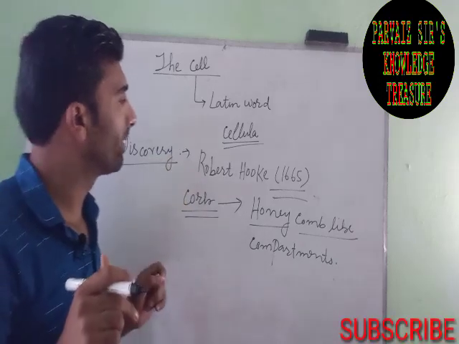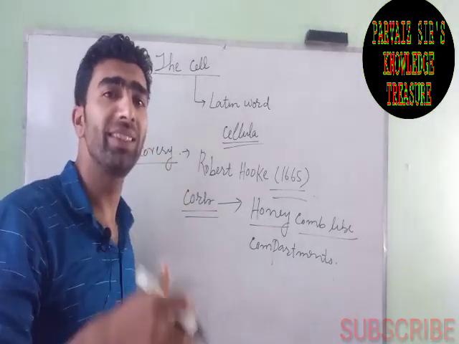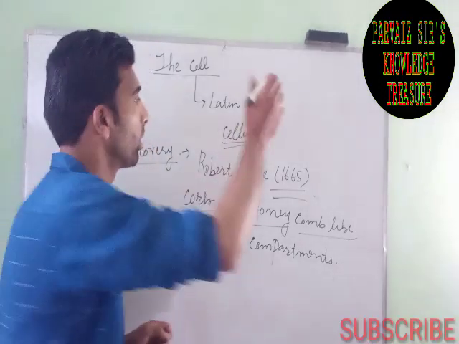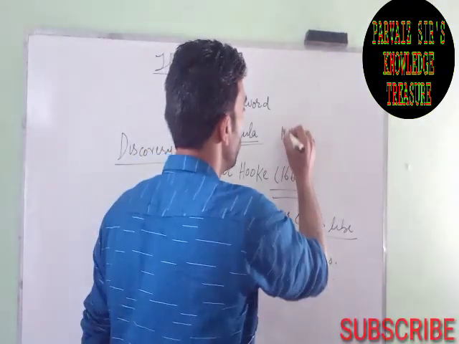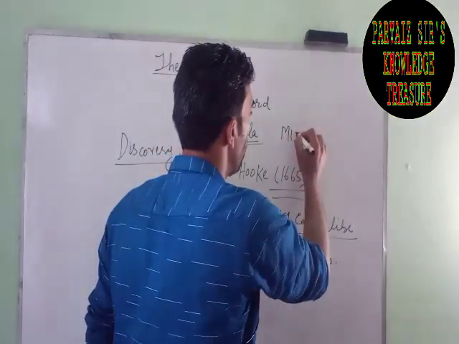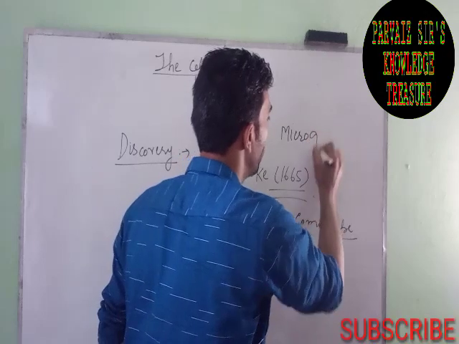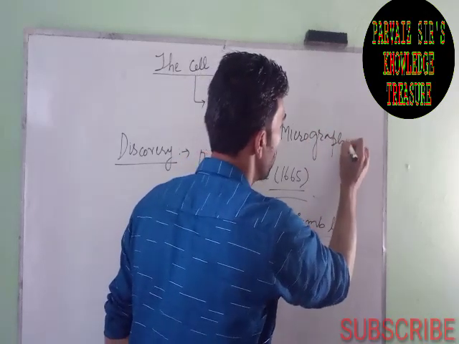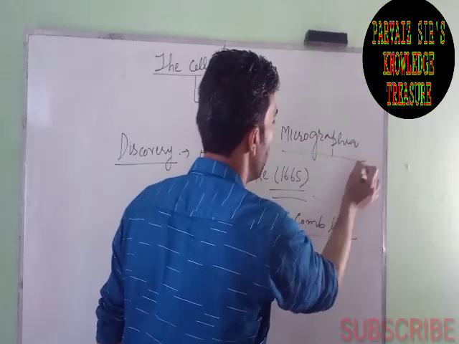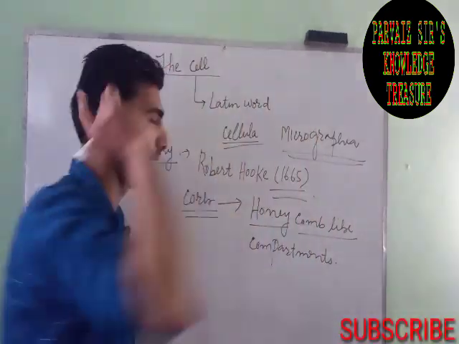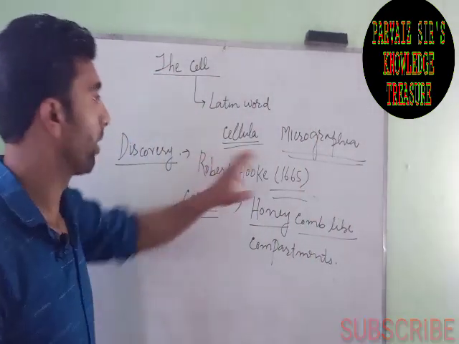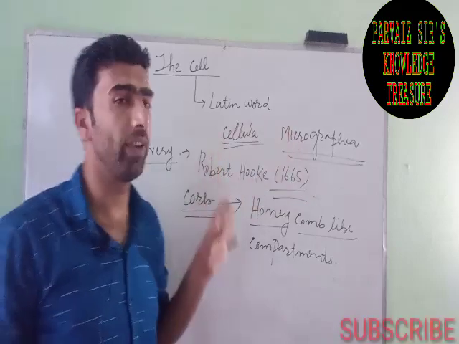Robert Hooke has given a description of these cells in his book named Micrographia.